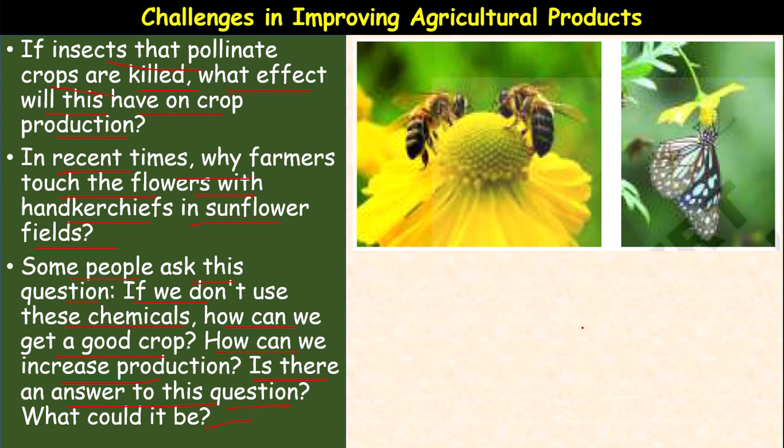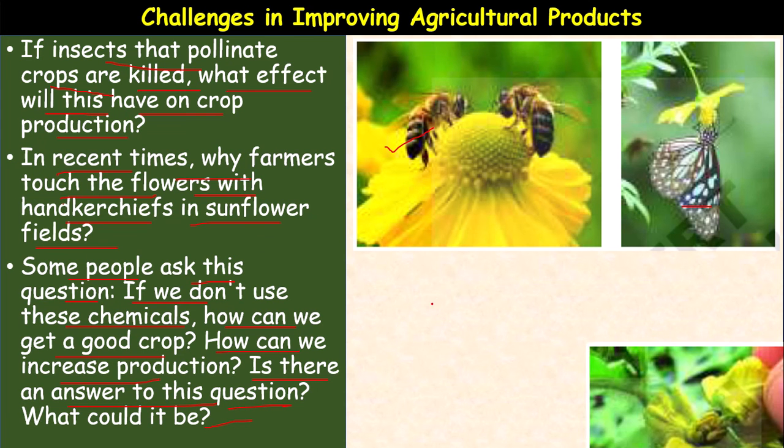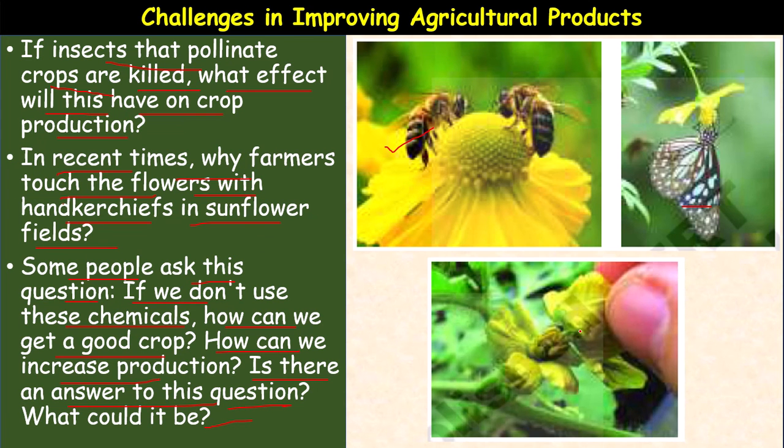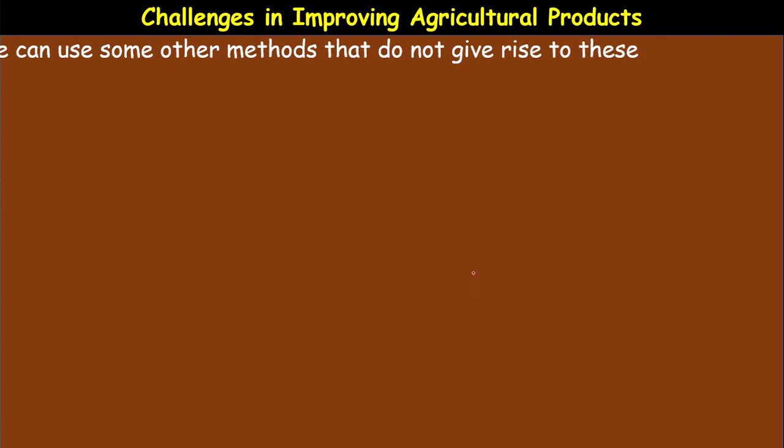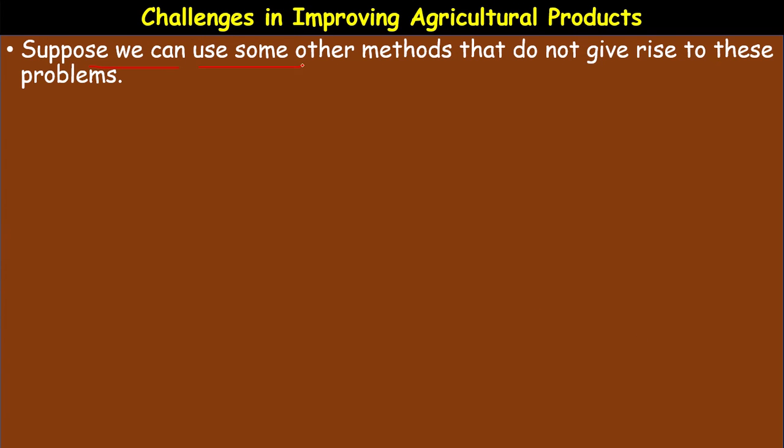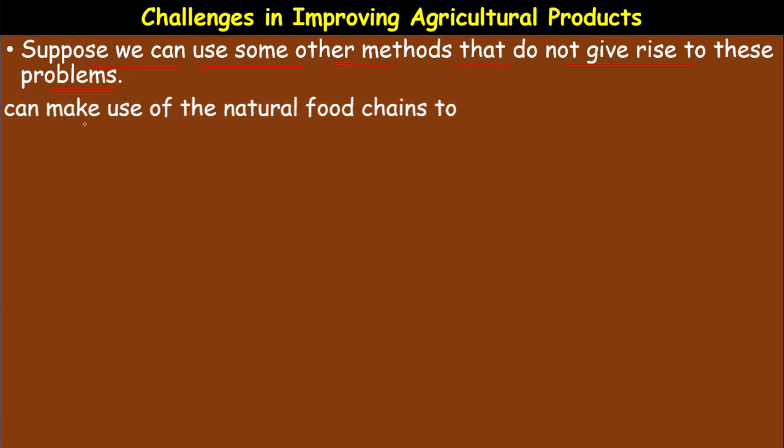So, here see the natural pollinators like honey bees and butterflies. Suppose we can use some other methods that do not give rise to these problems.